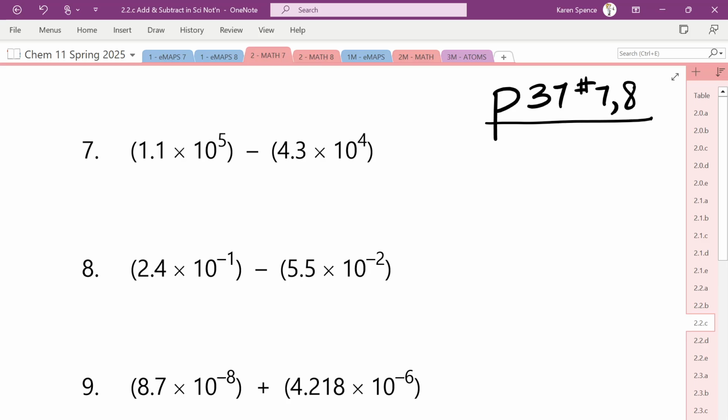Add the coefficients once the power of 10 is the same. So basically we're using the principle of common factors. We have the same power of 10, so factor out the power of 10 and go 4 plus 2.